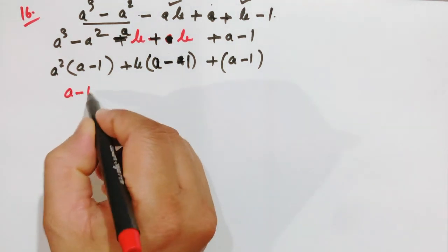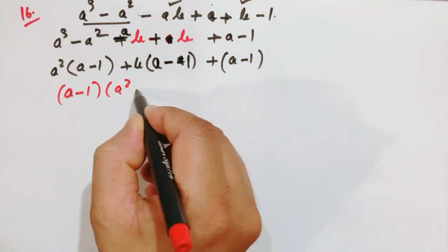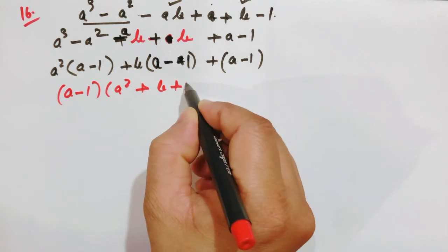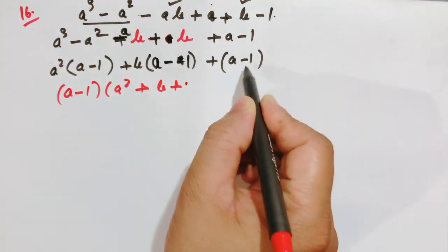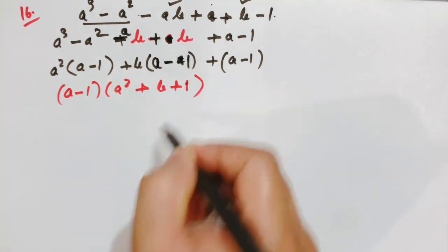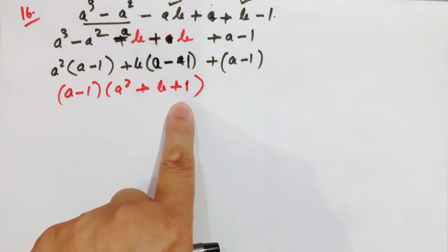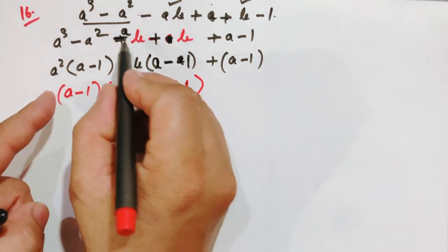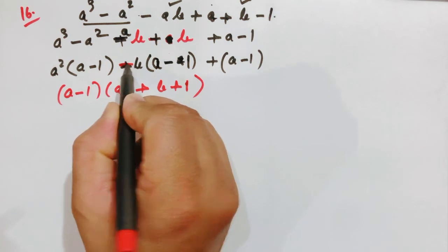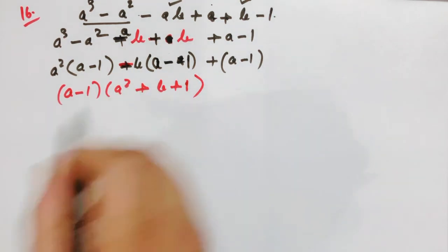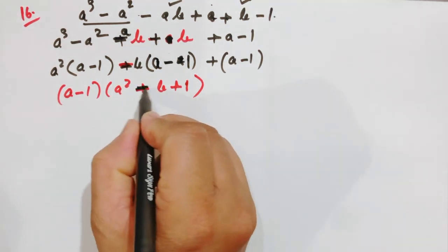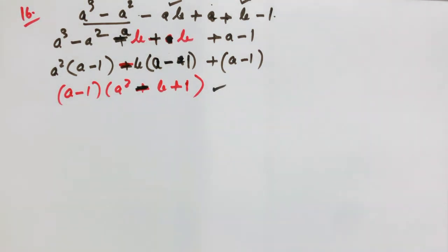So when a minus 1 is taken common, we get a square plus b, sorry a square, minus has to be taken common here, so minus b plus 1.